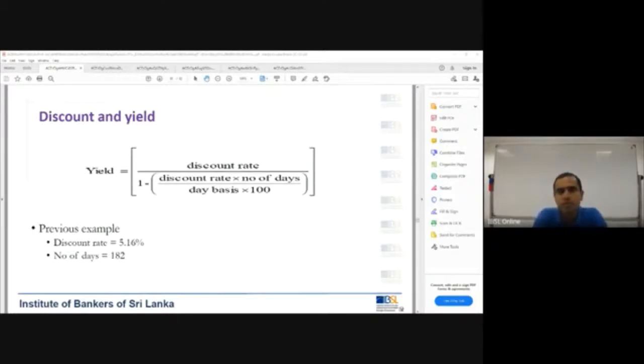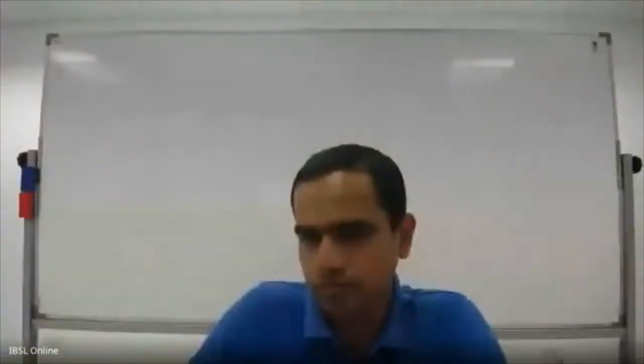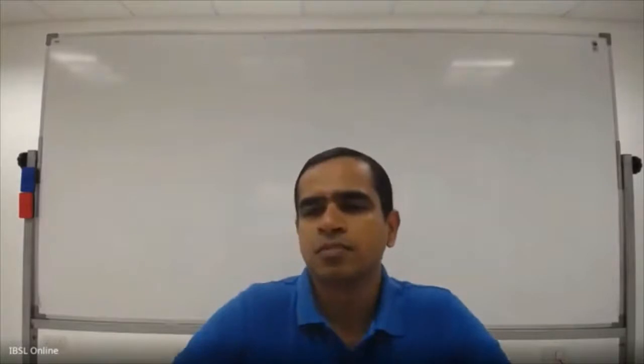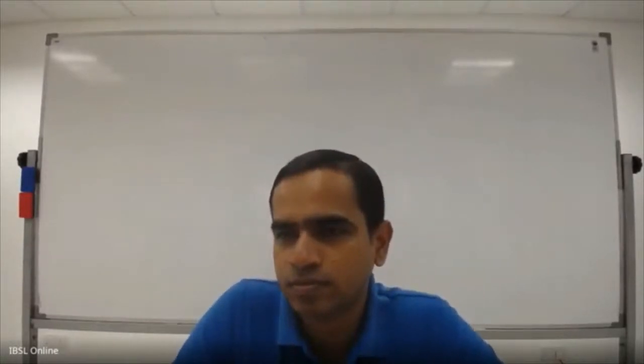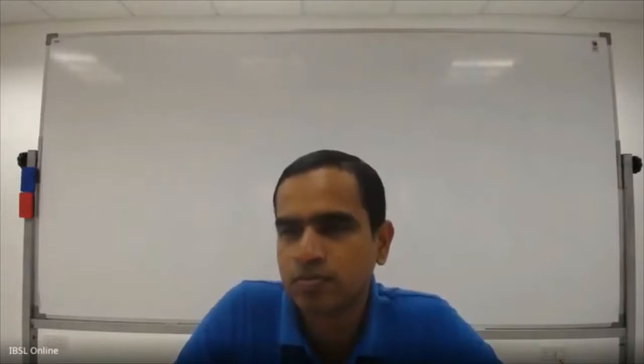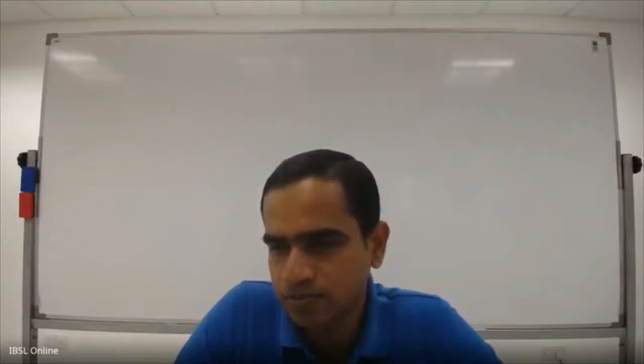Right. So we move to fixed income securities. Do you all have any questions from where we stopped last week? Okay, so if there are no questions, we can continue.